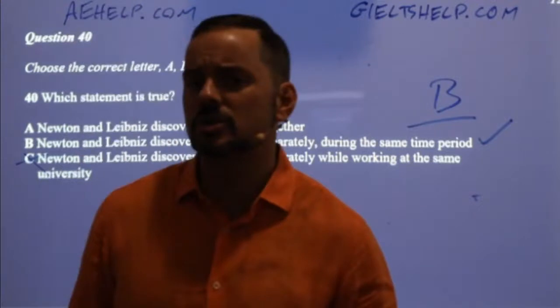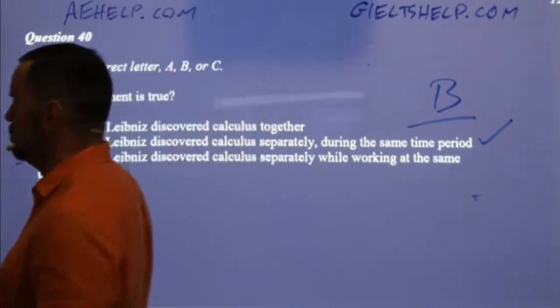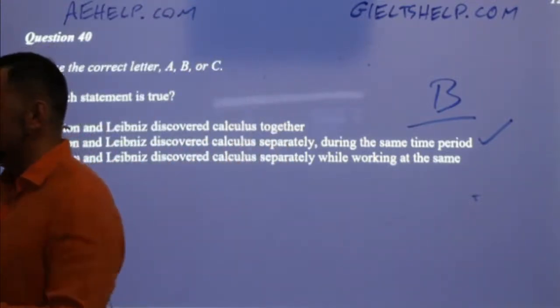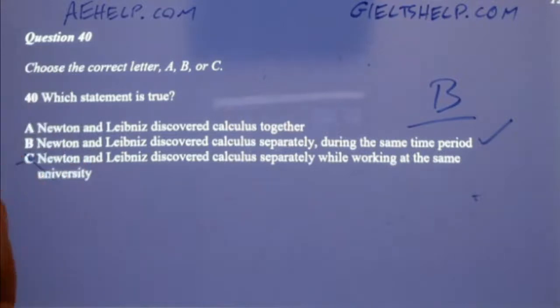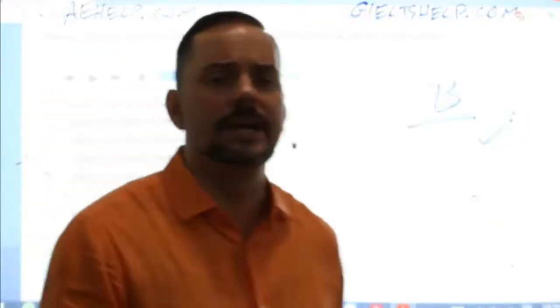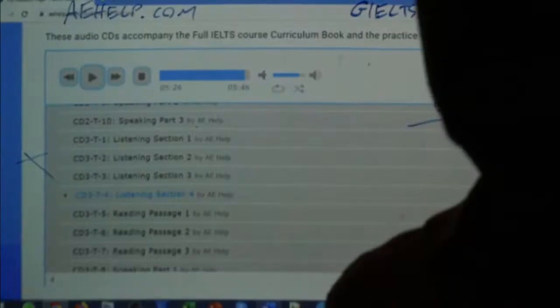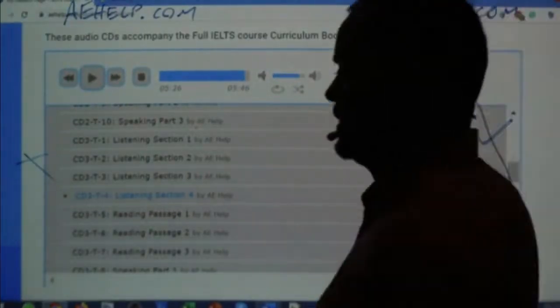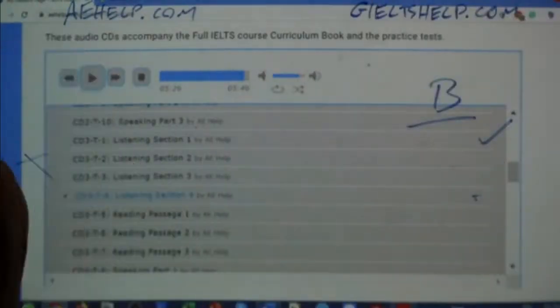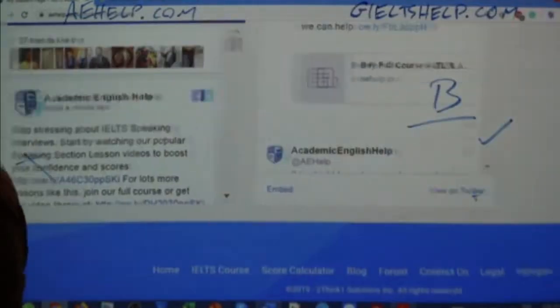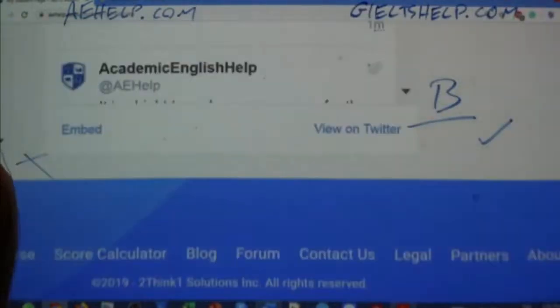Count up your scores, especially for those of you who were in yesterday's class, and give me your score out of 40. So what did you get from 40? I'll tell you what band score you could expect. On our website, for those of you who have access to our academic or general IELTS website, at the bottom of the website, you have what's called a score calculator.